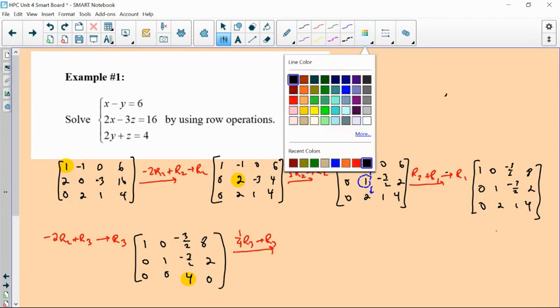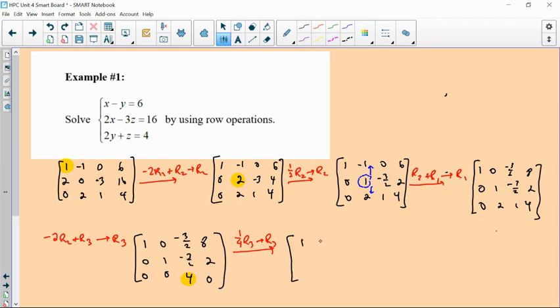So back here, rows 1 and 2 do not change. 1, 0, negative 3 halves, 8; 0, 1, negative 3 halves, 2; and this is 0, 0, 1, 0. Even though I know what some answers are, I could go back and back substitute.